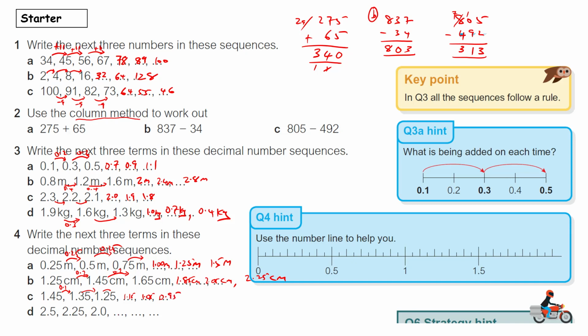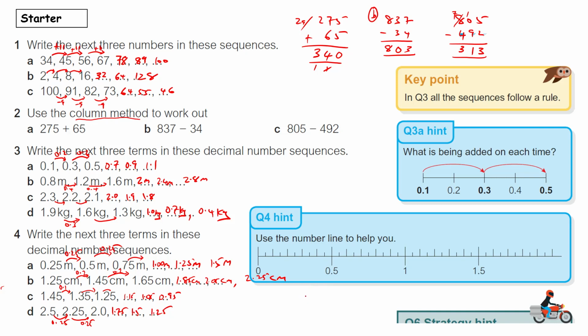And finally, our last question in the starter, it's decreasing, just a little bit of room on this one, by 0.25 each time. So if you take away 0.25 from 2, you should have 1.75, then 1.5, and then 1.25.